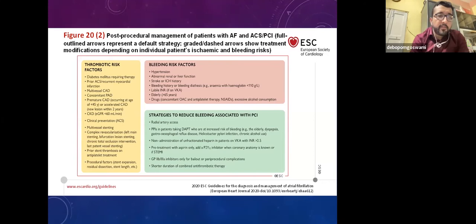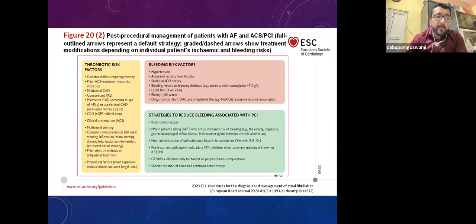Now coming to the bleeding risk factors: hypertension, abnormal renal or liver function, stroke or ICH history, bleeding history, labile INR, elderly patient, and drugs. And what are the strategies to reduce bleeding associated with PCI?